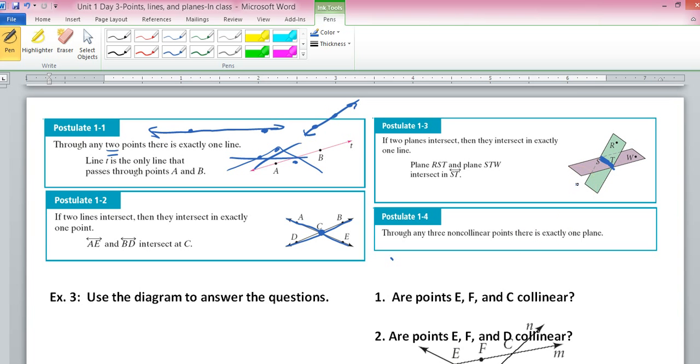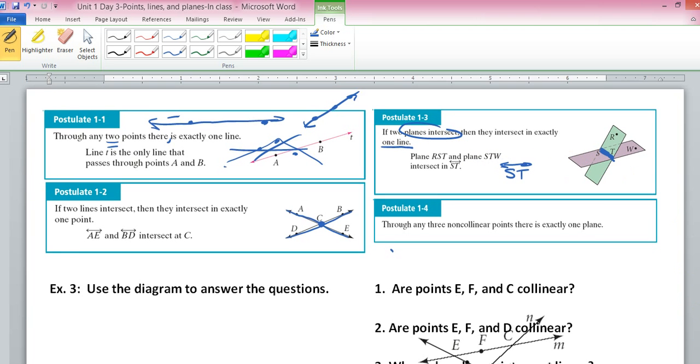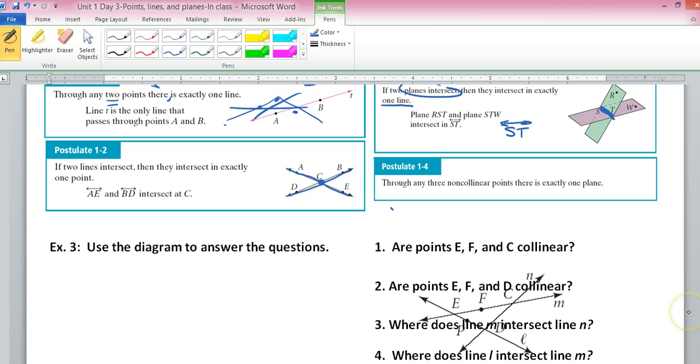But when you take all those points and line them up, they do end up being a straight line. So anytime we talk about 2 planes intersecting, you have to know that these planes intersect in exactly 1 line. And when you name that line, you have to name it appropriately. Line ST. So you have to use the 2 points and the line symbol.